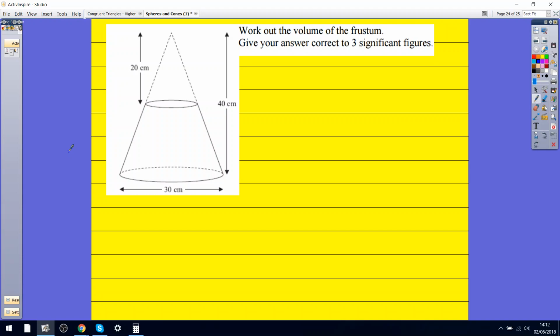So that would work if it was a cone, but this shape on the bottom isn't a cone.